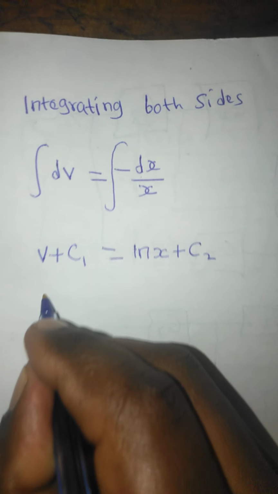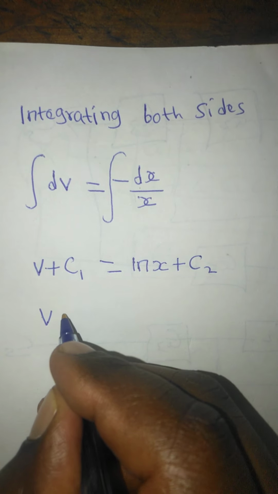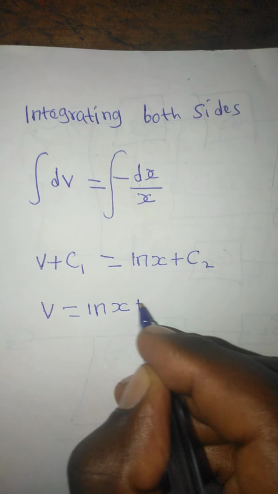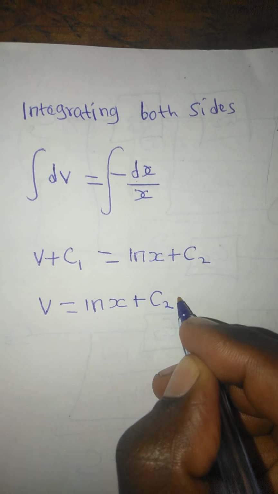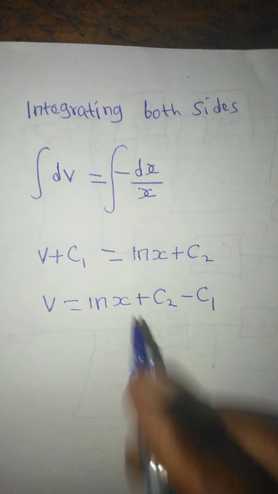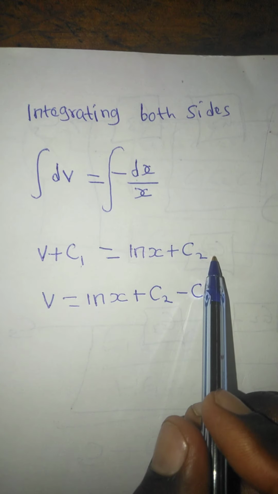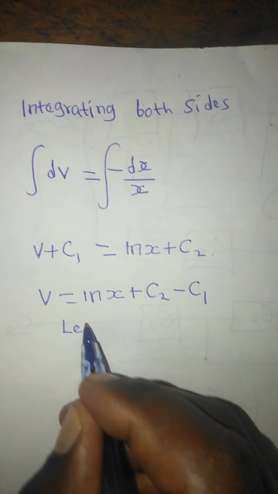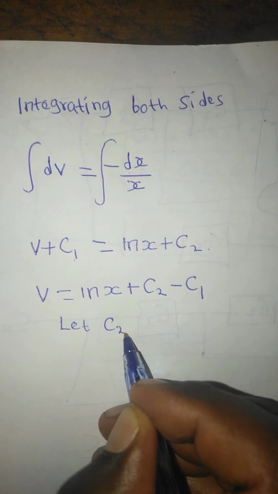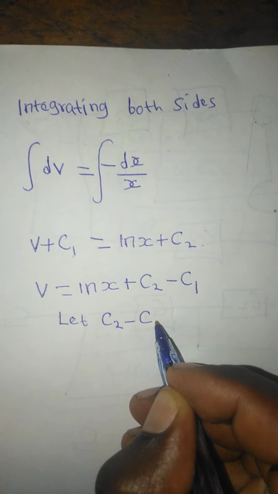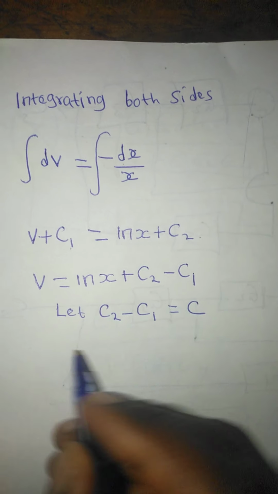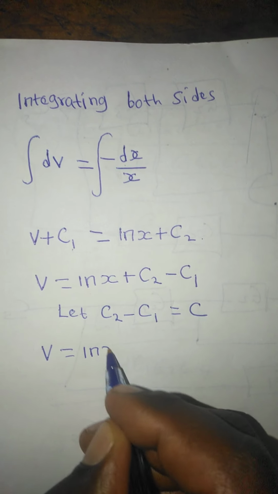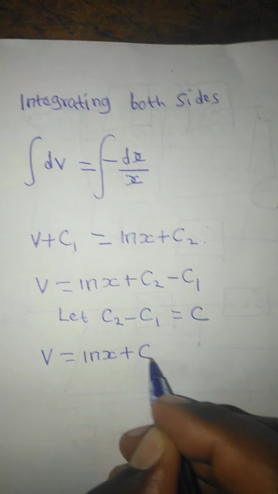So v is equal to minus ln x plus c2 minus c1. So you let c2 minus c1 be equal to c. So the main answer will be v is equal to minus ln x plus c.